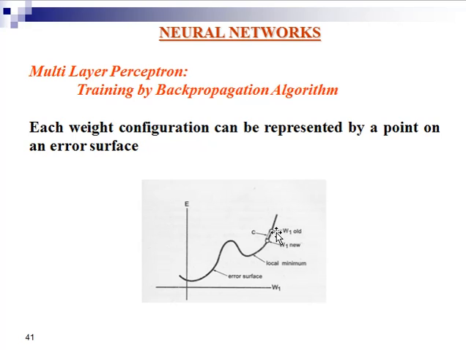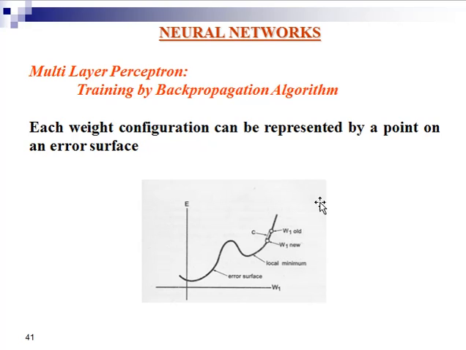Initially, when we initialize our weights randomly, we have w1 here. Let's say that this weight vector is the old weight vector which we have initialized randomly. Then when we do the backpropagation rule, the computation of error and adjustment of weights, and calculate the new weights through the delta rule, let's say we have the new weight here as w1 new.